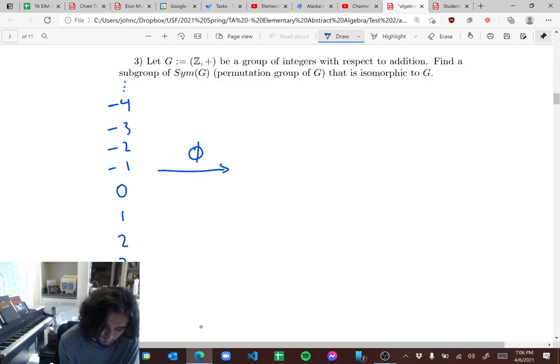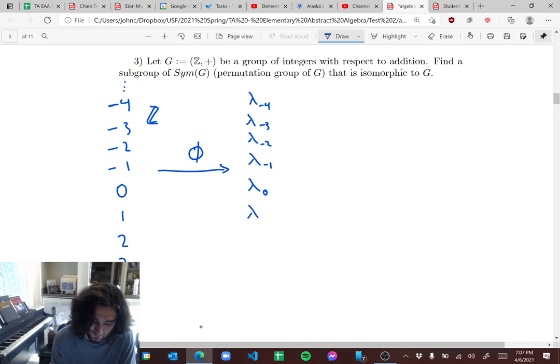Phi maps from here, this is Z over here, to a subgroup of Sim G, which contains lambda negative 4, lambda negative 3, lambda negative 2, lambda negative 1, lambda 0. Now lambda 0 is the function that adds 0, so that's the identity function.